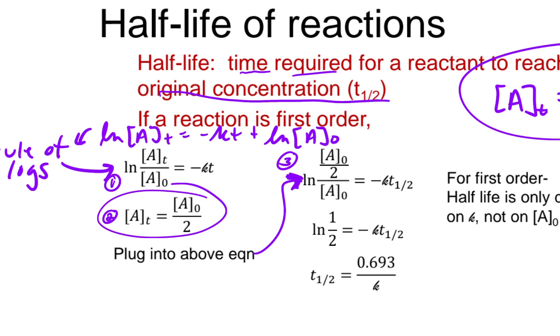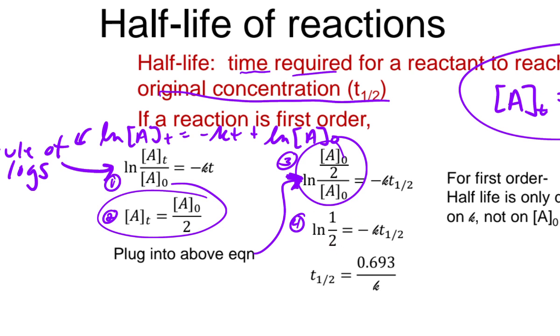So if we look at this fraction, A sub 0 over 2 divided by A sub 0 is simply 1/2. Okay? So then we can get to equation 4. We have the natural log of 1/2 equals minus some rate constant k times t at 1/2 the initial concentration.